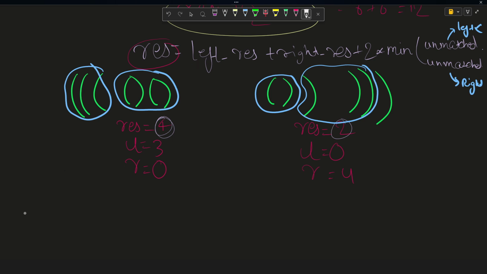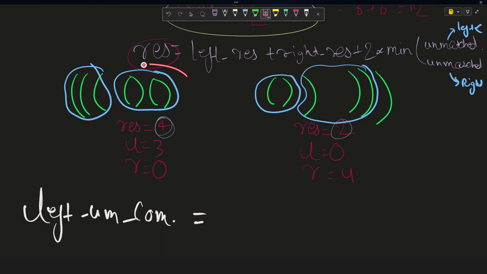So what will be the expressions for the left unmatched and right unmatched for the combined sequence? I will say that the left unmatched for the combined node will be equal to whatever the total number of left unmatched brackets present in the left child, plus the total number of left unmatched brackets present in the right child, minus whatever the common number of left unmatched brackets used in order to combine.